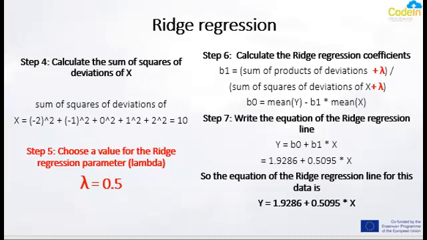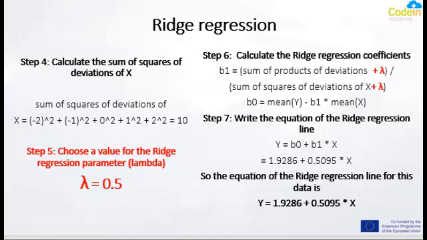The value of lambda in ridge regression is a hyperparameter that needs to be chosen by the user based on their specific use case. It is used to control the strength of the regularization term in the ridge regression equation. In this example, we chose a value of lambda equals 0.5 arbitrarily for demonstration purposes.